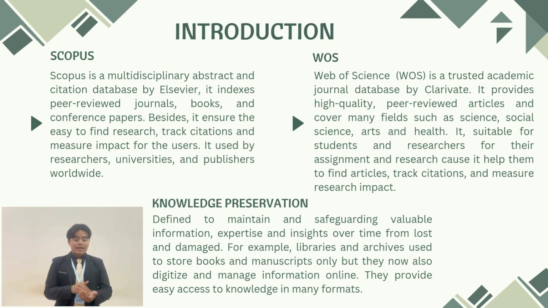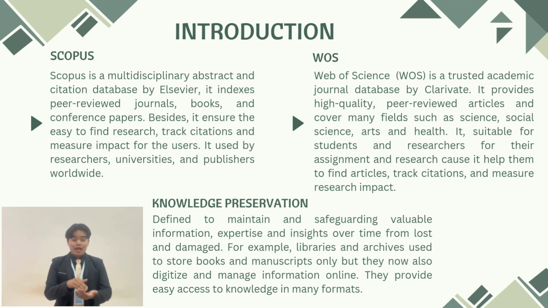So next, what is Web of Science or WOS? Web of Science is a research database that is owned by Clarivate. But who is Clarivate? Clarivate is also a global analytics company that provides data, insight, and workflow solutions for researchers and also intellectual property.